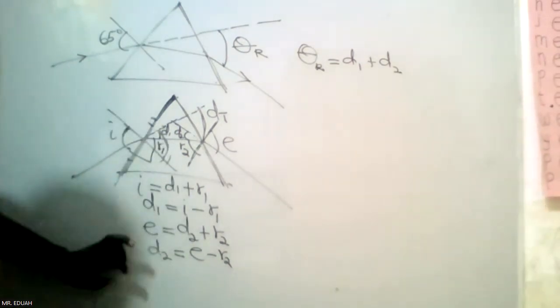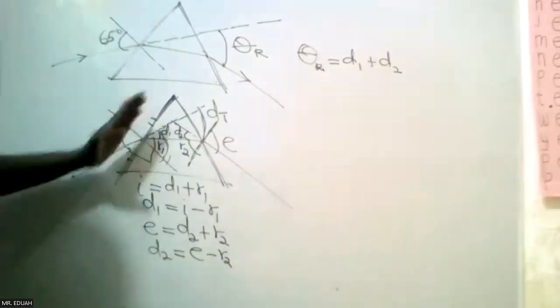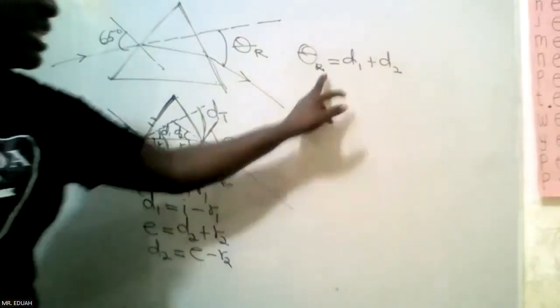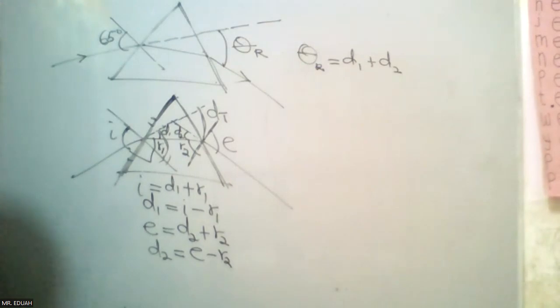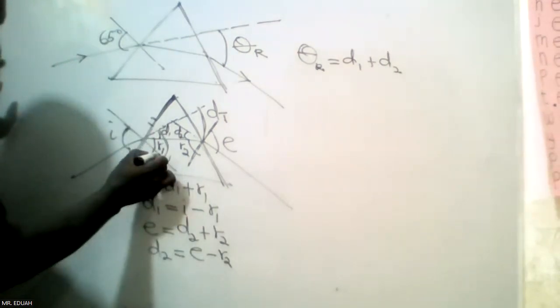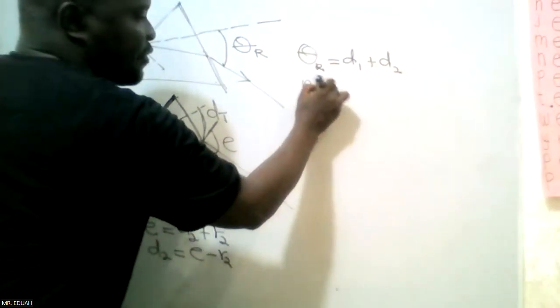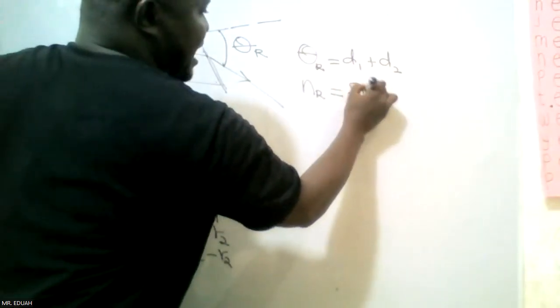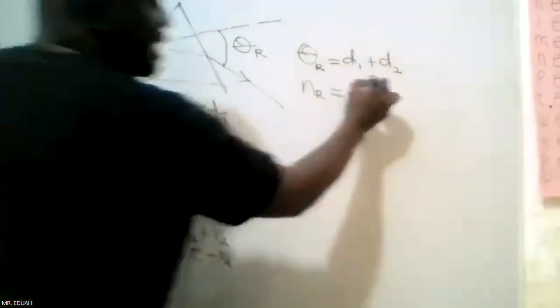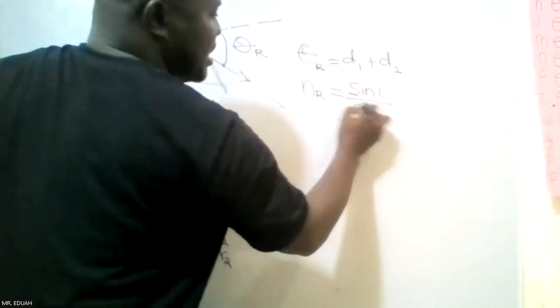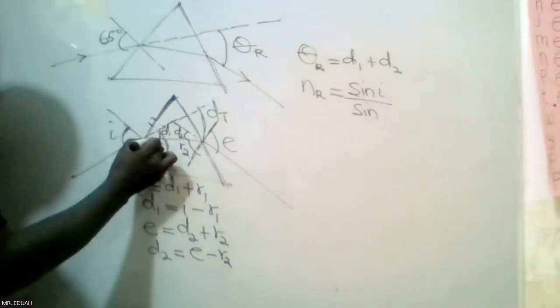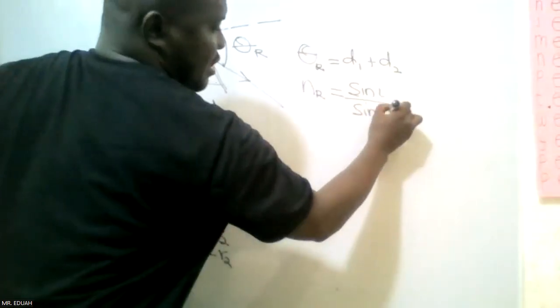Okay, so let's go through it. To determine the total deviation, we have to find the deviation here plus the deviation here. How do we do it? We can use Snell's law to find R1. The refractive index of red light is equal to the sine of the angle of incidence I, which we know, divided by the sine of the angle of refraction R1.